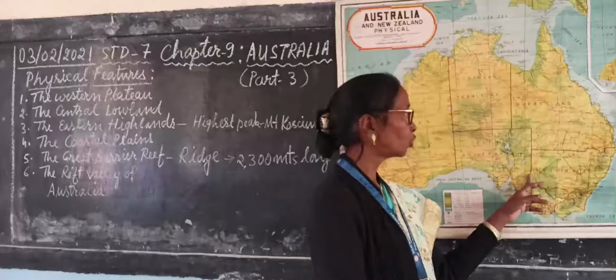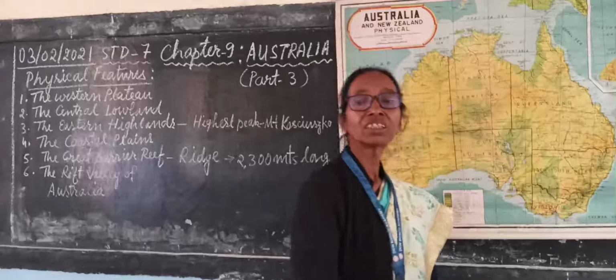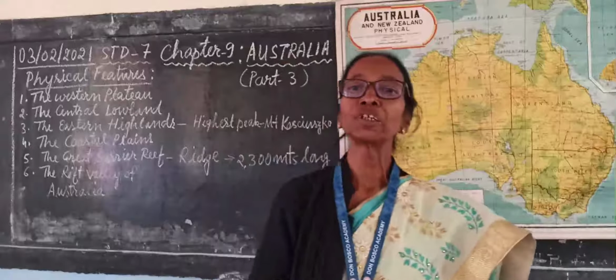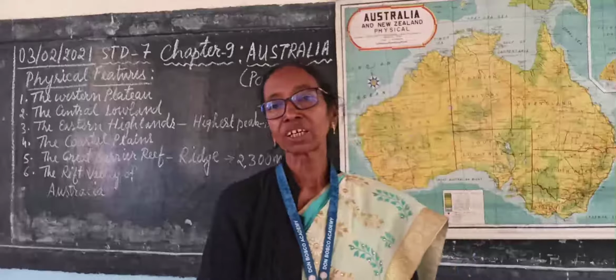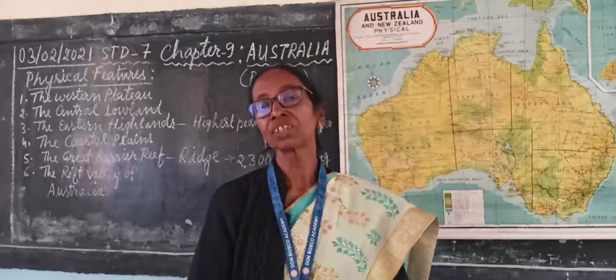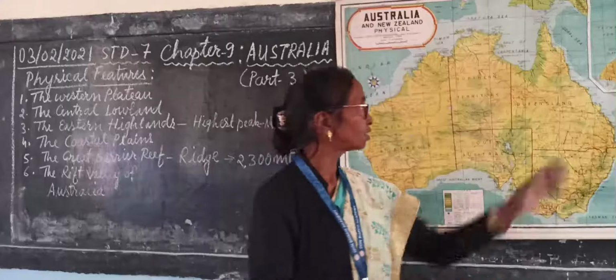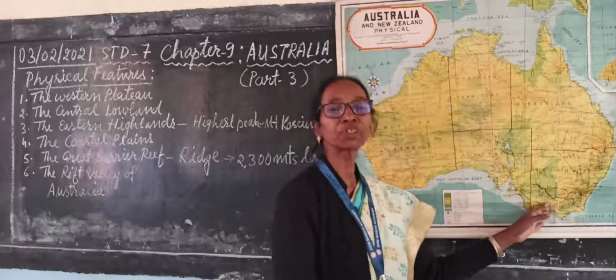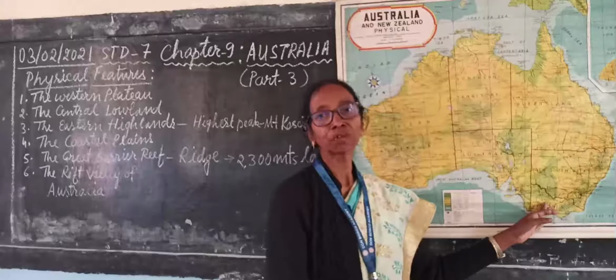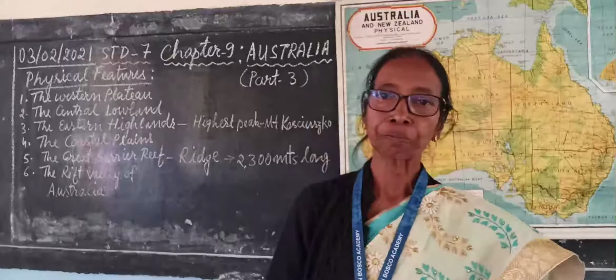They also flow downward from this eastern highland, and other rivers also form waterfalls and they flow at great speed. They are utilized to harness hydroelectricity. So these rivers which are descending from these highlands are very useful to generate hydroelectricity.